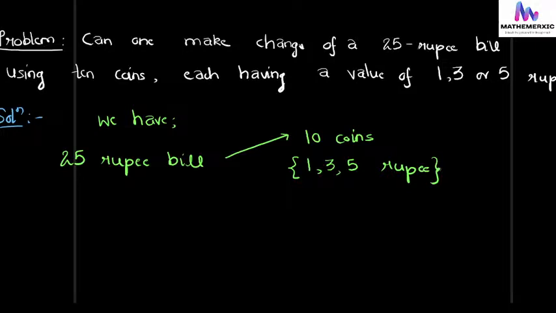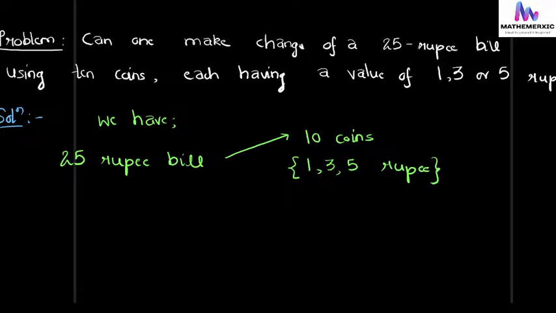Firstly, we have to check whether it is possible. So with the 5 rupee coin, can one make change of a 25 rupee bill using 10 coins? We can take the counts x, y, z, and the total will be 25.